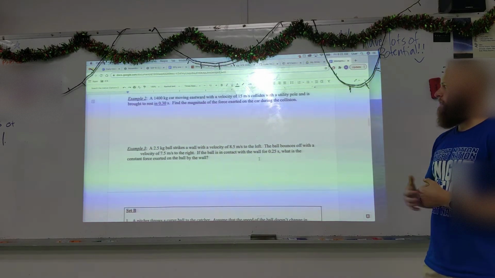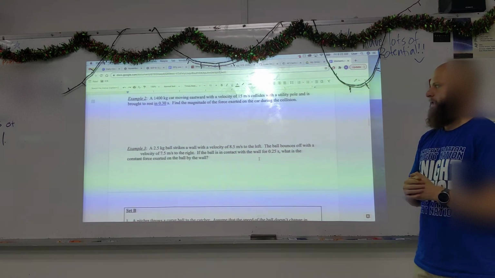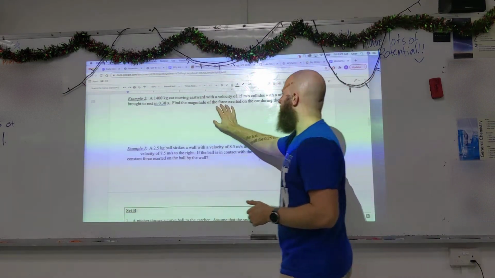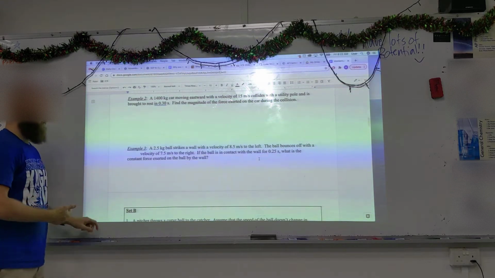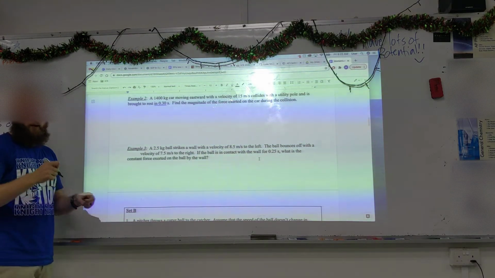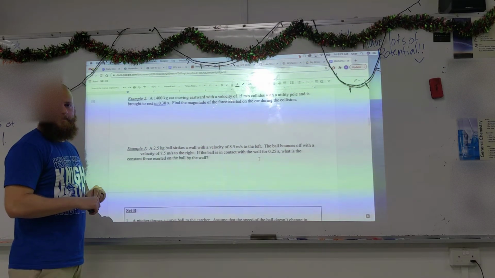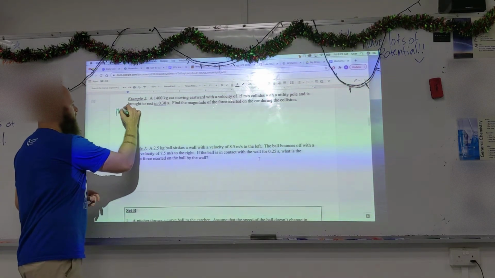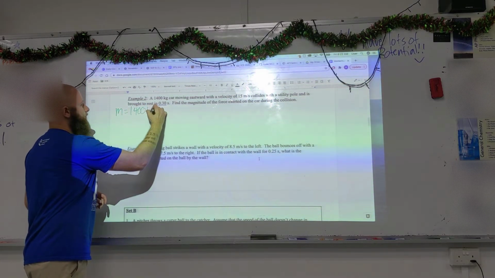And it collides with the utility pole, and this car is brought to rest in 0.3 seconds. Find the magnitude of the force, so we're looking for force, exerted on the car during the collision. So let's write down what we know. Okay? What is the mass of the car? Yeah, the mass of the car is 1,400 kg.